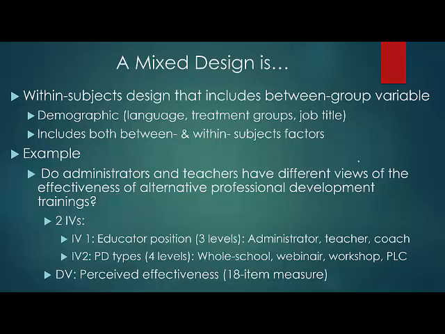But we're also going to be adding in now the between group variable. This between group variable could be, for example, demographic differences over time in terms of how they respond maybe differently to professional development, instructional strategy, or some sort of therapy. The demographic could be looking at differences across language groups.